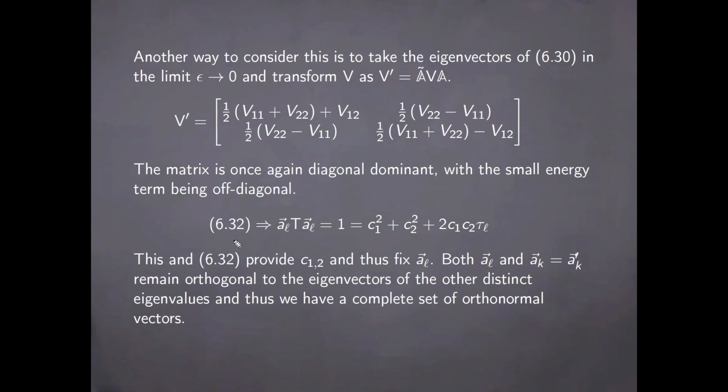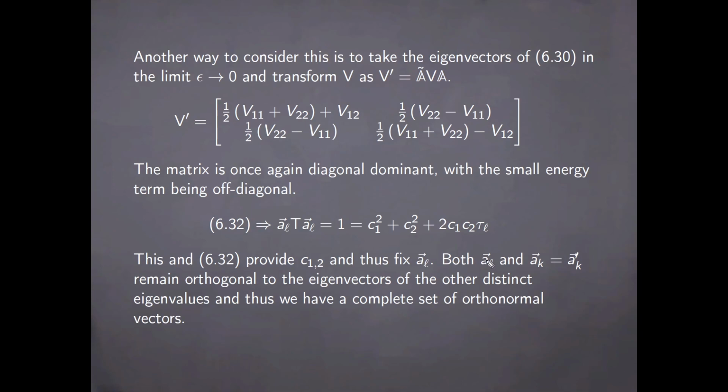And in any case, 6.32 implies for the normalization condition of the vector L this expression, and having this together with 6.32 itself, it means that we can calculate the coefficients C1 and C2, and thus uniquely fix the vector.